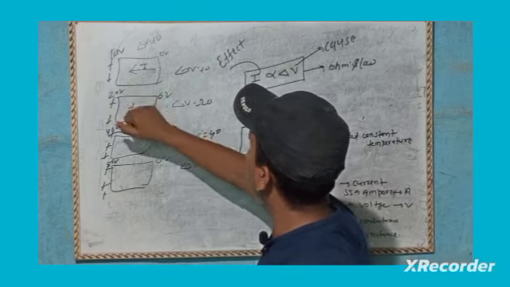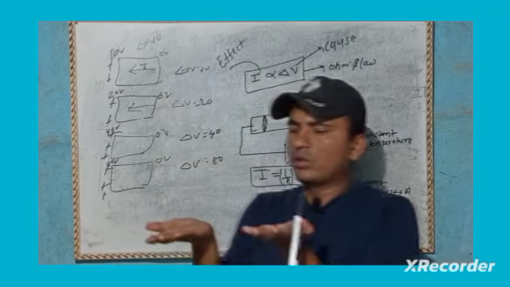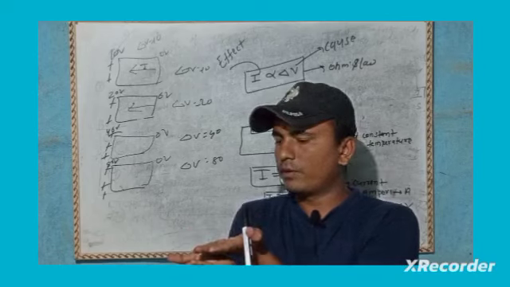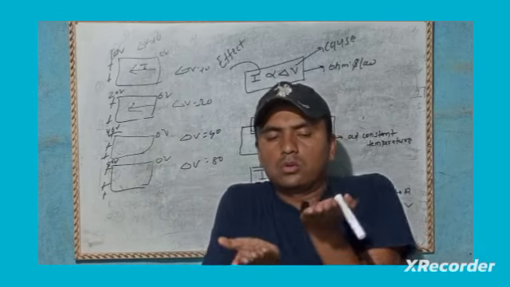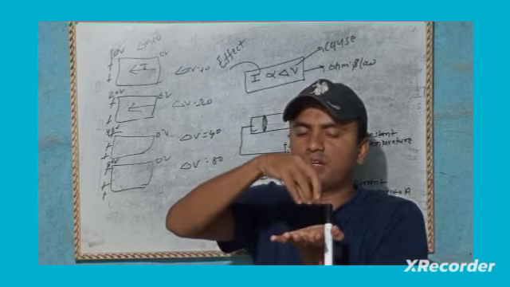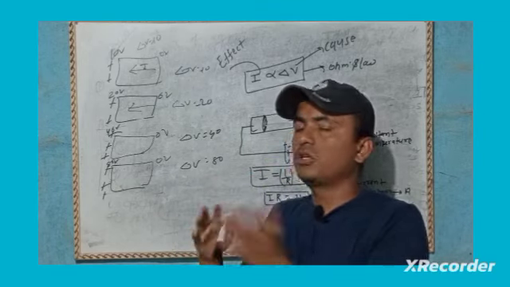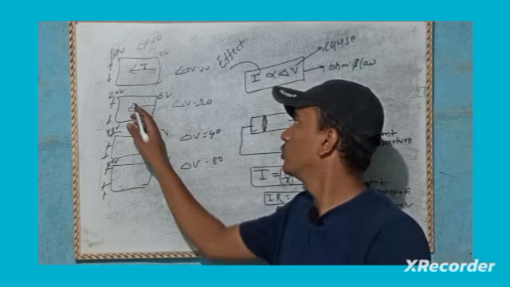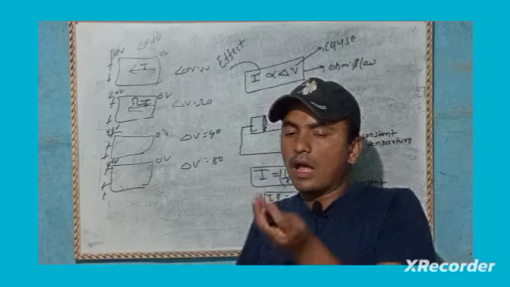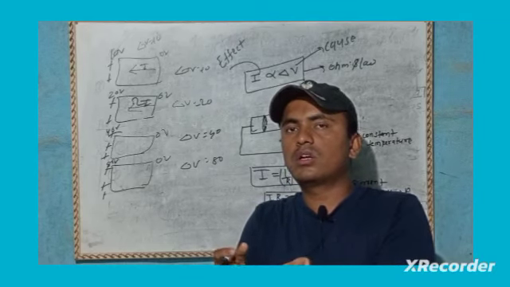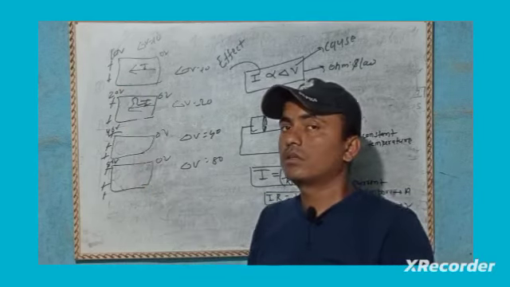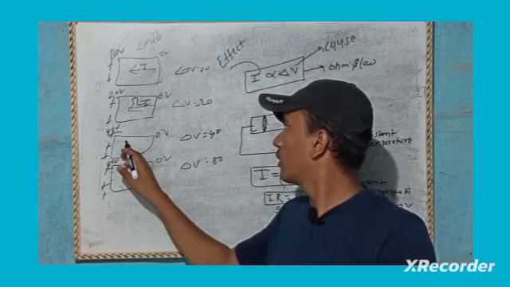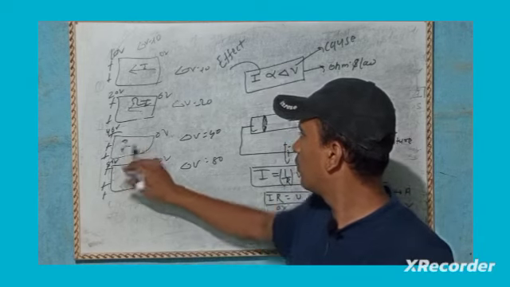Observe: if one bucket has 10 liters, the flow speed is, suppose, I. When the 10 liters is replaced by 20 liters, the speed of water increases how many times? Two times, so here 2I. When 20 is replaced by 40, compared to the first it is 4 times, so the current also flows 4 times, so here 4I.